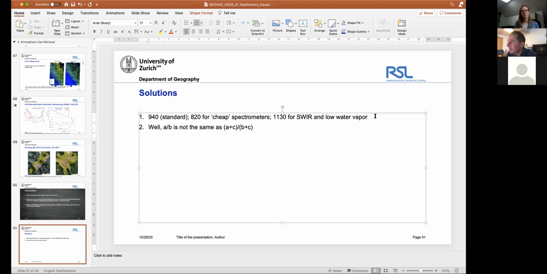If you're calculating a transmittance, you do a simple division of the transmitted by the non-transmitted radiation. And if you add something, the C cannot be cancelled. That's the problem here.